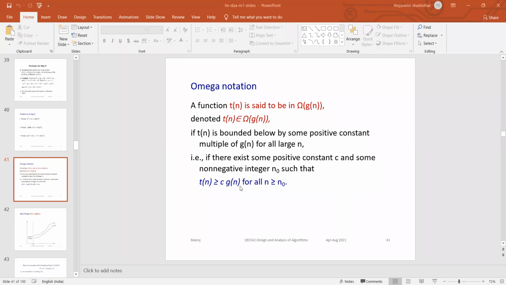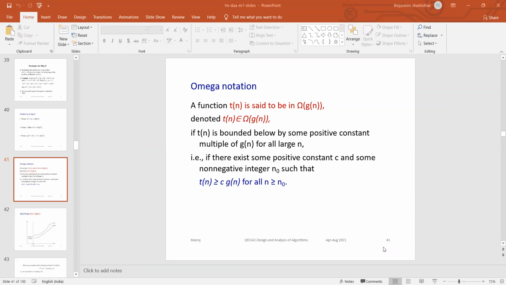So in the graph, which will be in the upper position? Can you tell, T of n will be in upper position or G of n will be in upper position? So next we shall go with a graph.